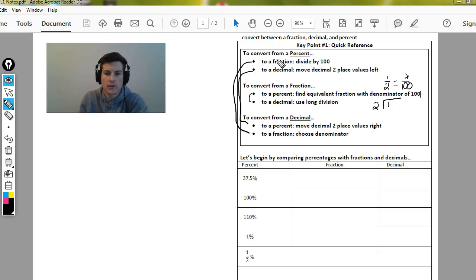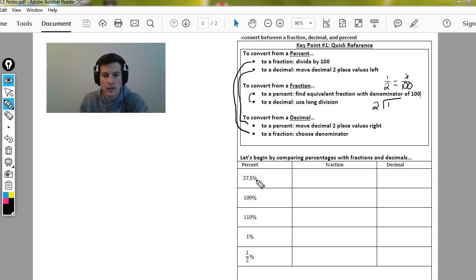So if we want to get to a fraction, either from a decimal or a percent, well, okay, if it's not a fraction, we need to make it a fraction. Because we had a percent, we'll divide by 100. And if we have a decimal, we're going to choose a denominator, and you'll see some examples there. But if you think about these in pairs, I think it makes it a little bit simpler to think through these strategies.